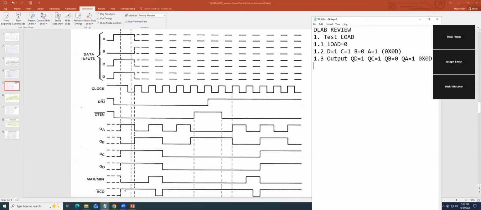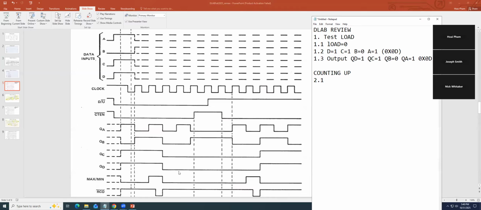Then you can load the next, right? So we're not talking about that. We're talking about counting. Okay, counting.